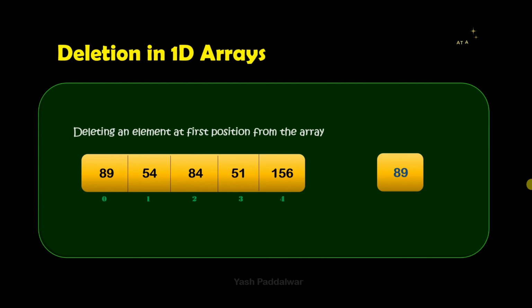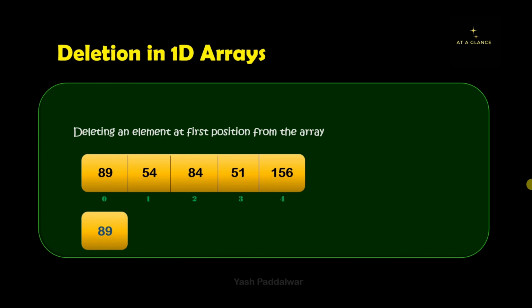Now let's apply this process to this particular example. So we need to delete the element at the first position. So let's empty this space. So this is how we can remove it. Now once it is removed, the next step is the process of shifting every right element to its left by 1. So let's shift 54 to its left position.